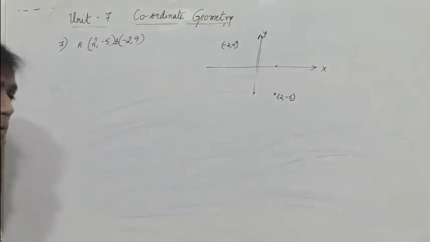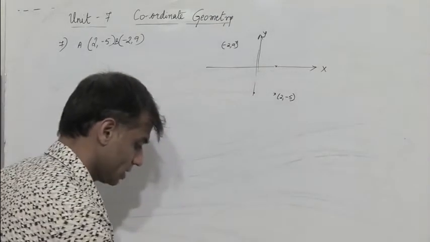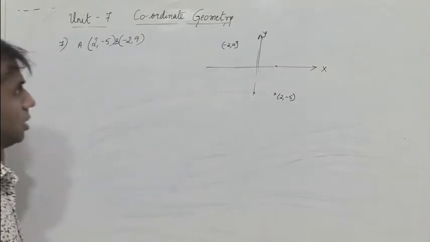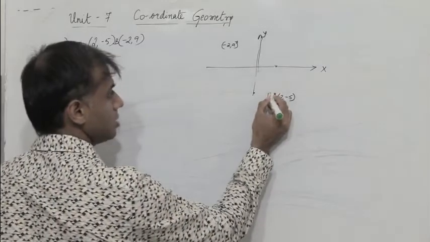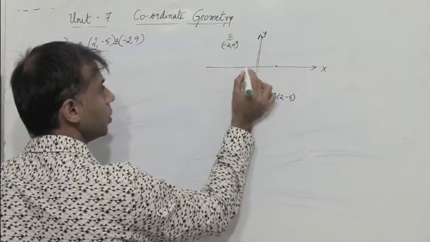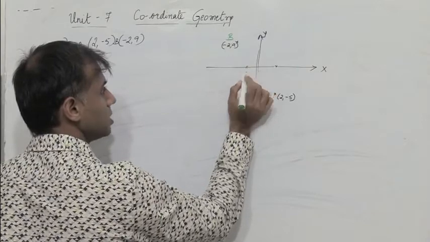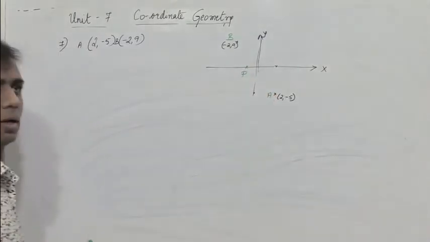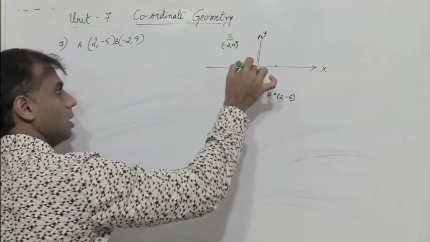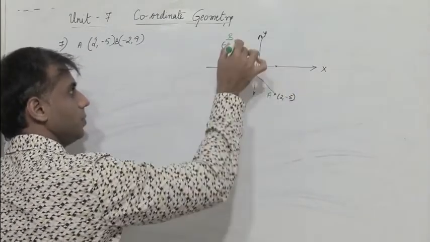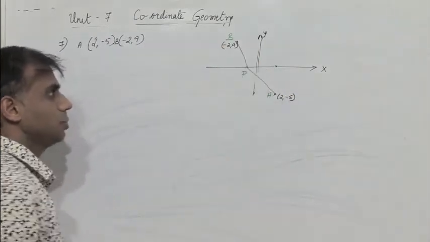So what do we need to find? We need to find a point on the x-axis. So this is A and this is B. Let me consider this point as P, such that AP is equal to BP.